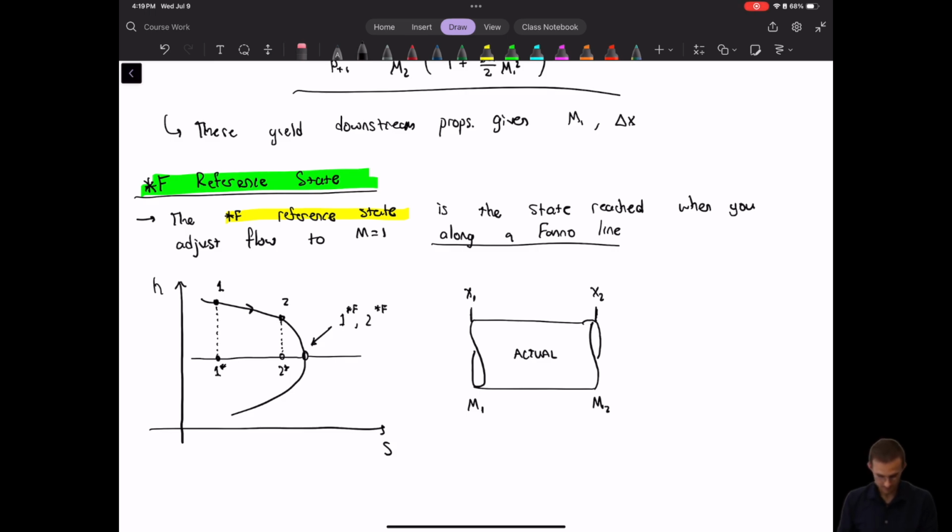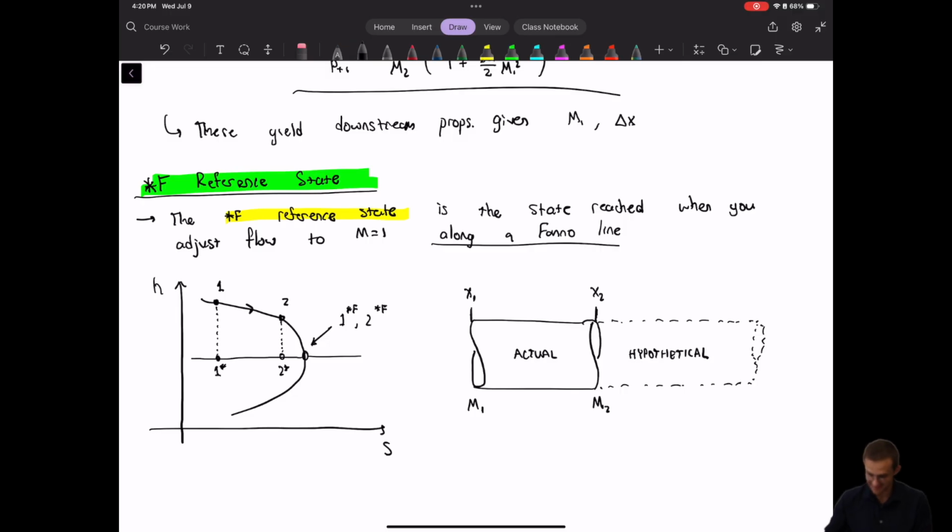Okay? And so what that looks like on this diagram here is if you had like a hypothetical duct that continued to the right here, right? So this is a hypothetical duct. Not real.